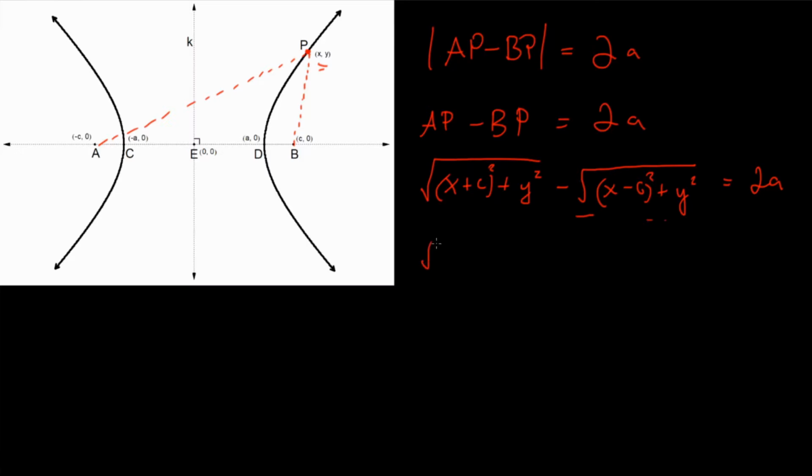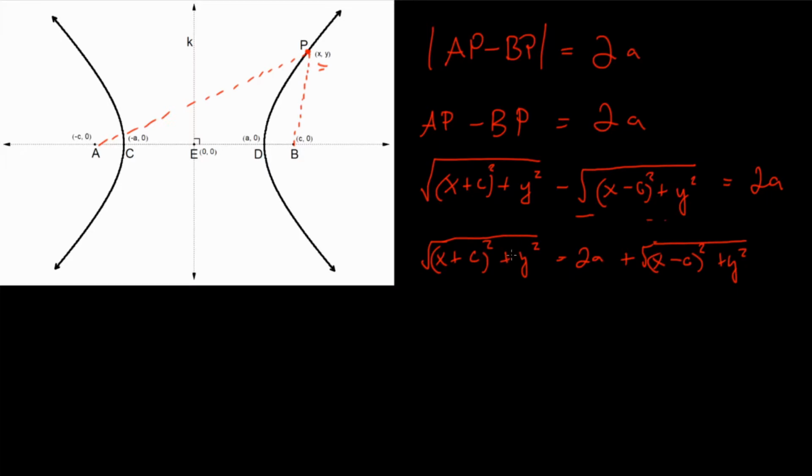We have the square root of (x + c) squared plus y squared, and that's going to be equal to 2a plus the square root of (x - c) squared plus y squared.